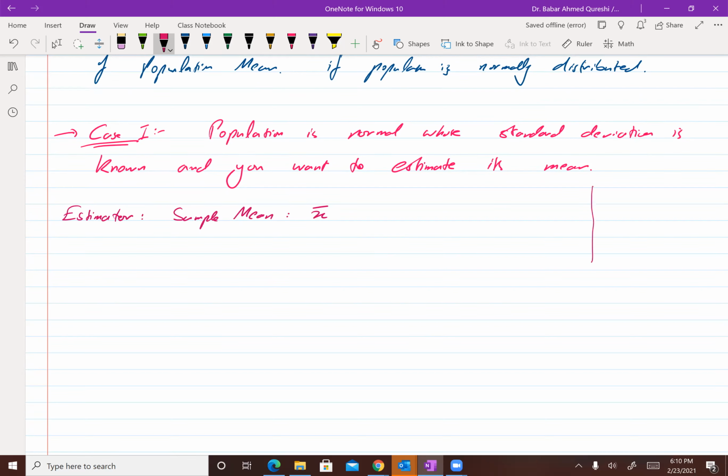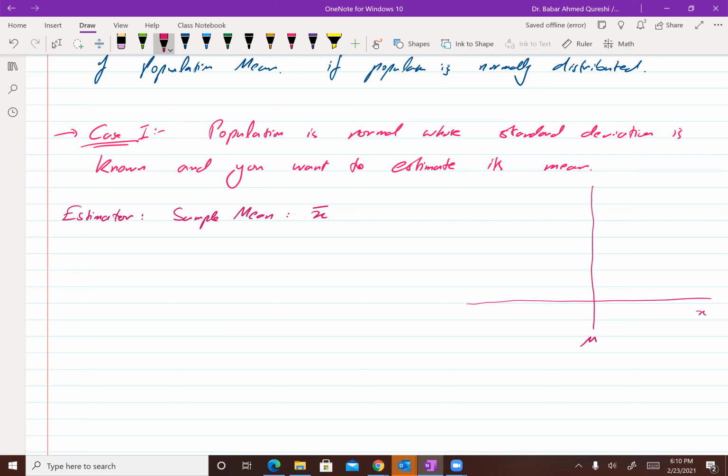And you know that there is some distribution. Let's say this is the population, and this is mu. This is the population mean mu.